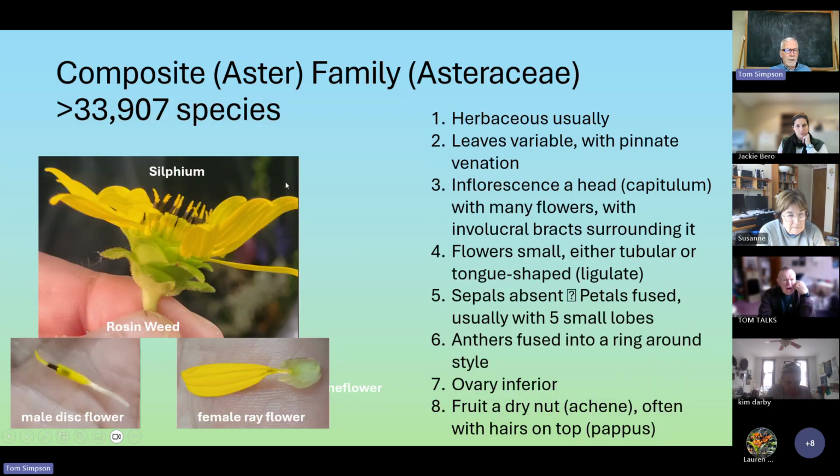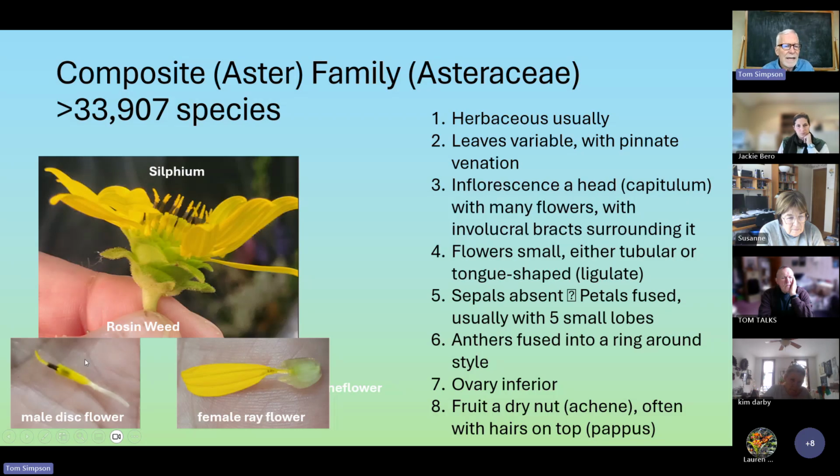Here's a variation on the fertile and sterile theme. Here are the silphiums, so prairie dock and compass plant and rosinweed. The ray flowers are female and fertile, so all the seeds will be in a ring around the outside of this flower head. The disc flowers, you can see the ovary really doesn't develop here. It only produces pollen.